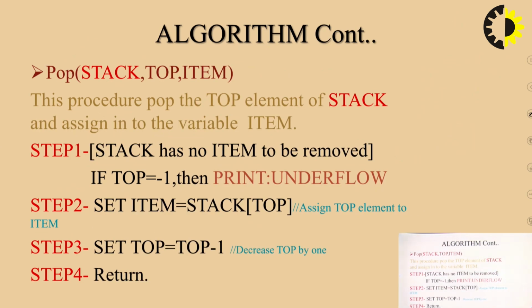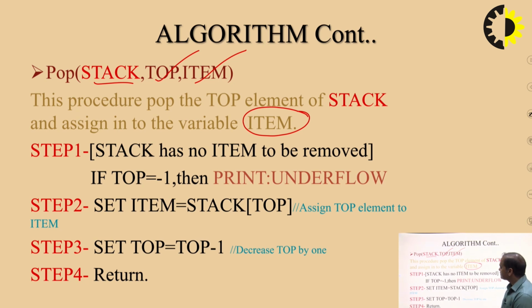Now, this is the algorithm for the pop operation. In the pop operation, we take only stack and item. This procedure pops the top element of the stack and assigns it to the variable item. Here we take a variable item which holds the deleted item. In step 1, in case of delete, we first check whether there is any element inside the stack or not.